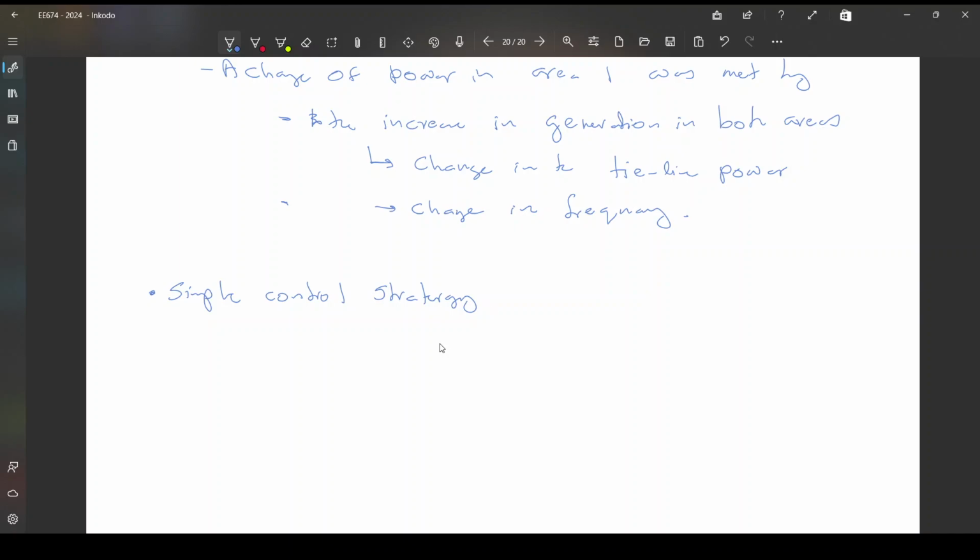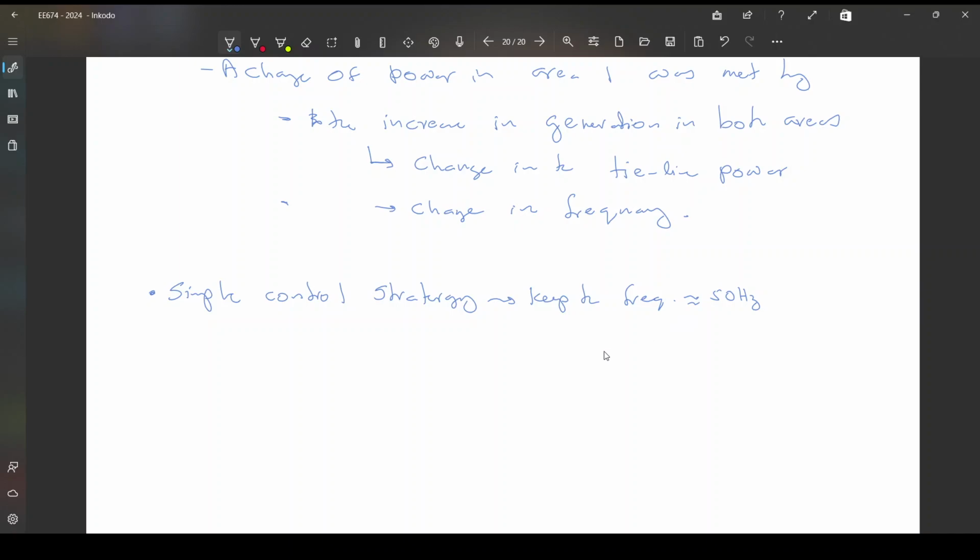This is in order to keep the frequency very close to 50 hertz, right?